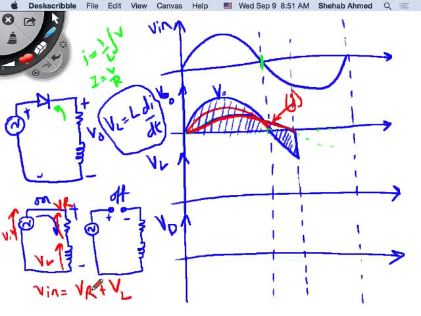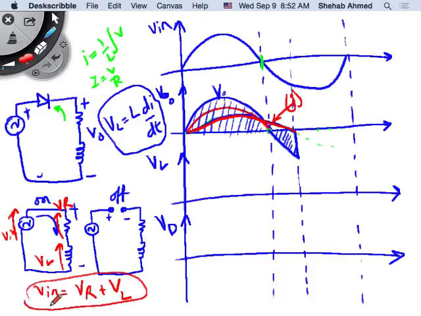You know the shape of VR and you know the shape of V input, because VR looks like what? No, not in here. What does VR look like? Actually, instead of drawing V diode, just draw VL and VR. Just draw these three. Should help you.